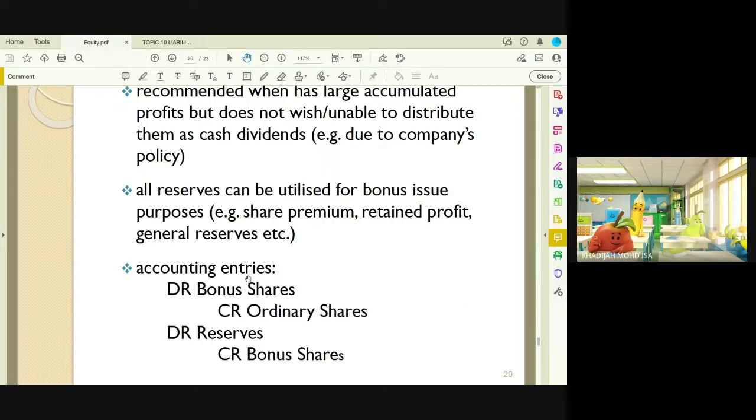At the same time, to set off the bonus shares, you credit the bonus shares and put everything into a reserve, so you debit your reserve account. The bonus shares cancel out, so you only have the debit to reserve and the credit to ordinary shares. But you have to put these two journal entries first.